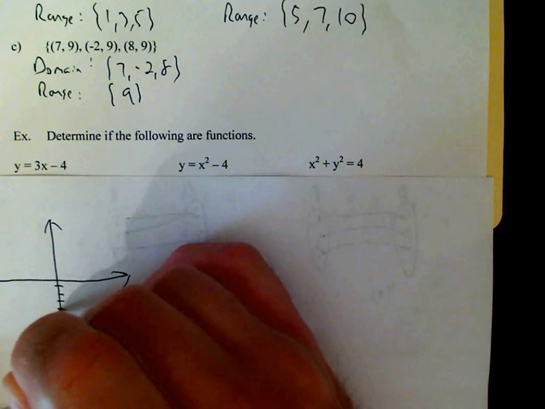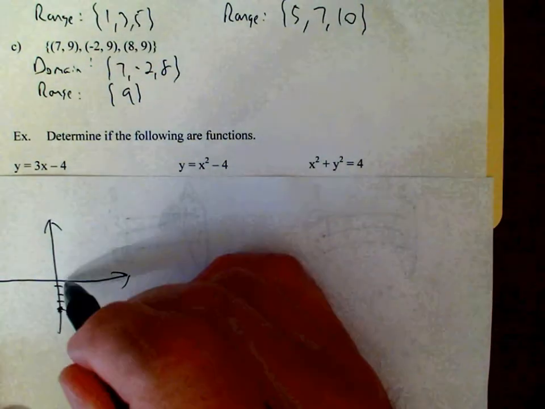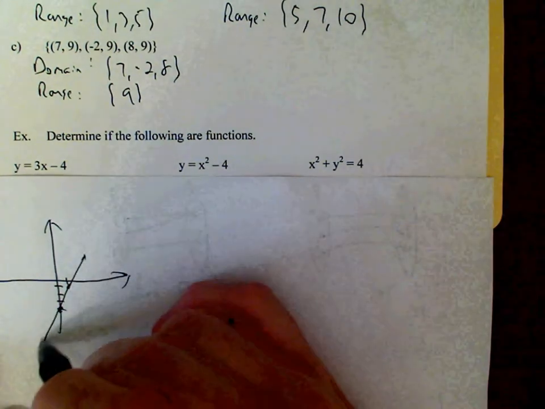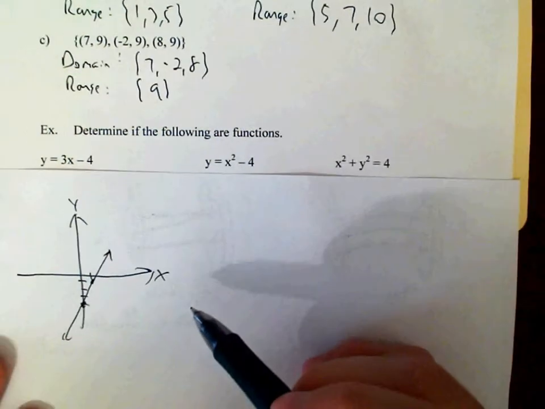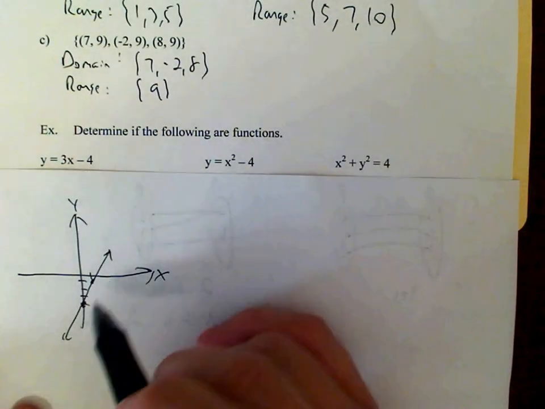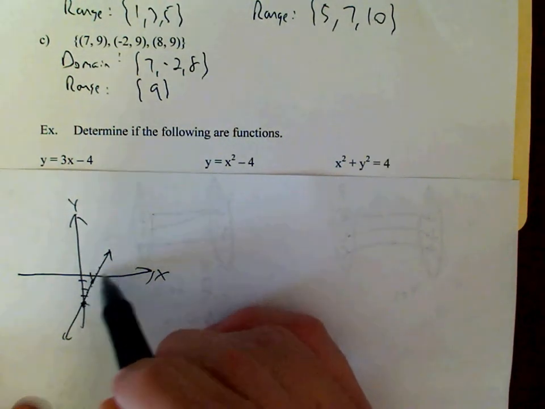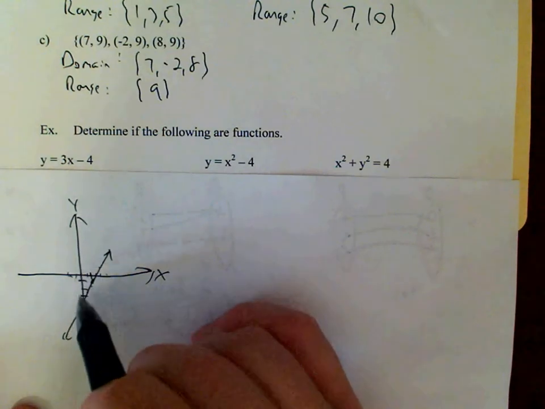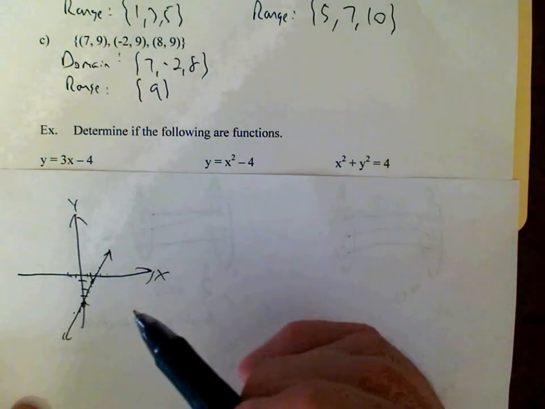Negative 4 is the y-intercept, the slope is 3, so I'm going to go up 3, right 1, and then connect the dots. Now here's what that means. Each of these x's, as they go along the x-axis, has exactly one y. Each x has exactly one y.